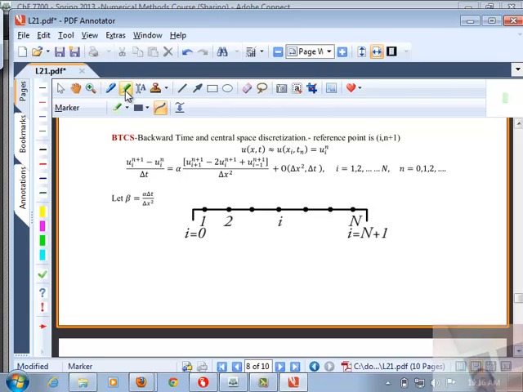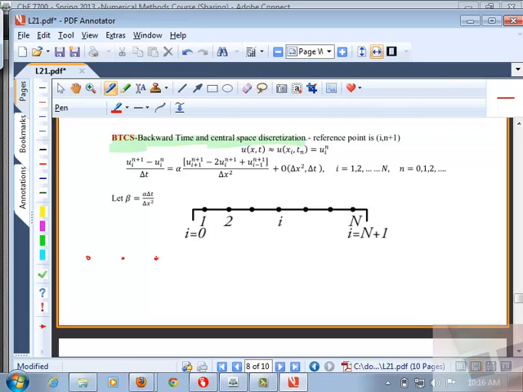So why can't I take a stencil that looks like this, with this as the reference point? I'm still using central difference in space, but backward difference in time. It's the same formula, only some indices change.